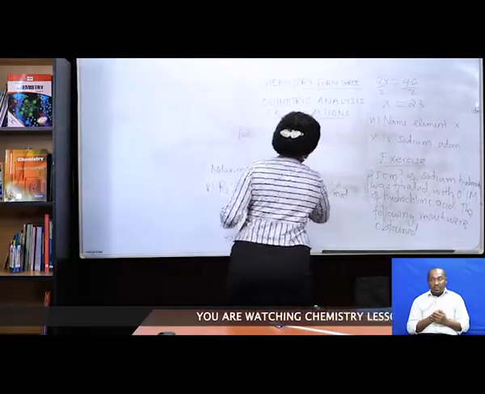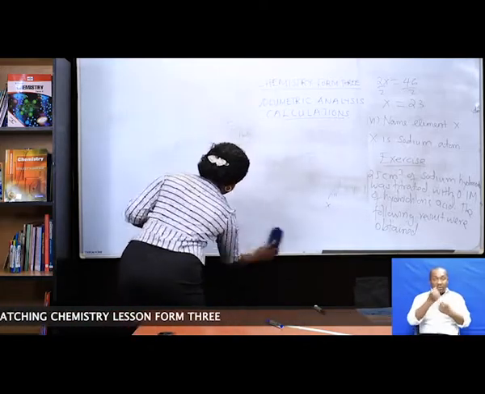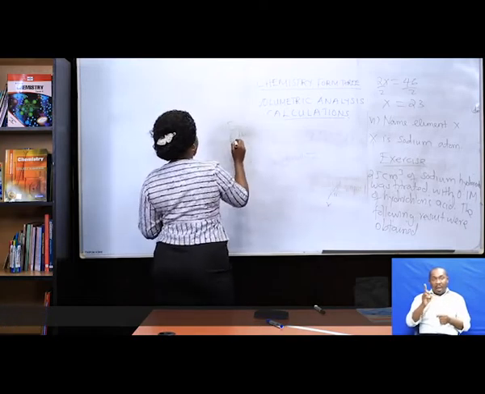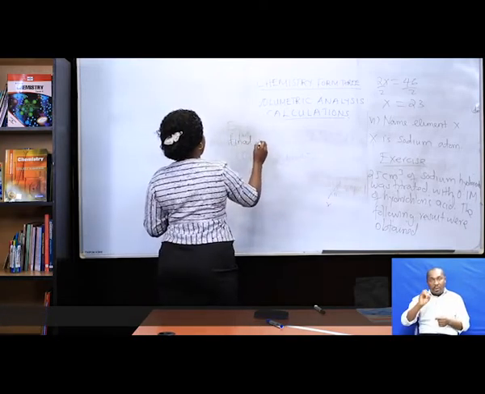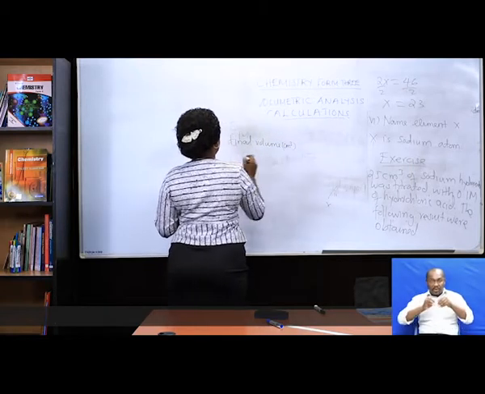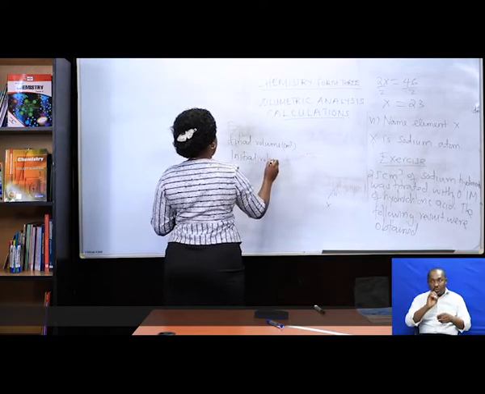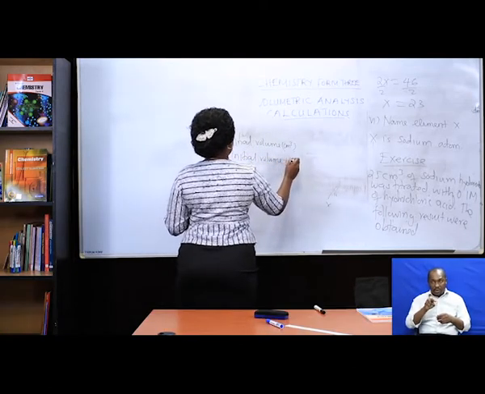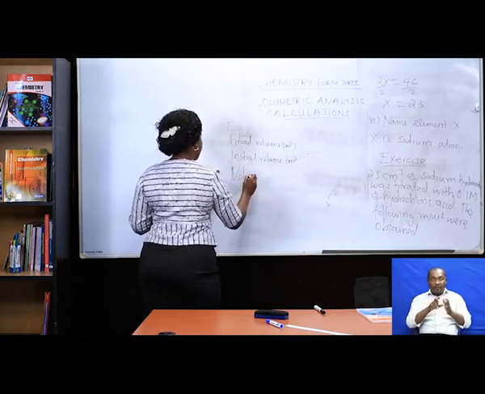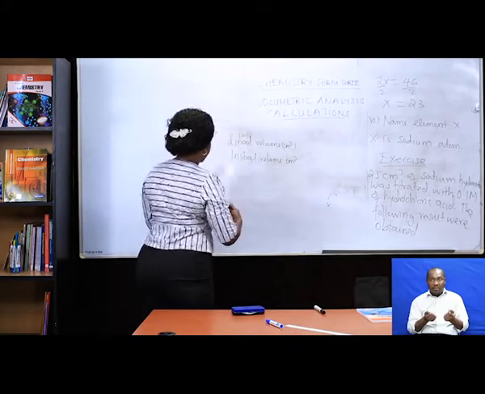So this is the result obtained when sodium hydroxide was titrated against the hydrochloric acid. So we have the final volume in cubic centimeter, the initial volume in cubic centimeter, and the volume used.